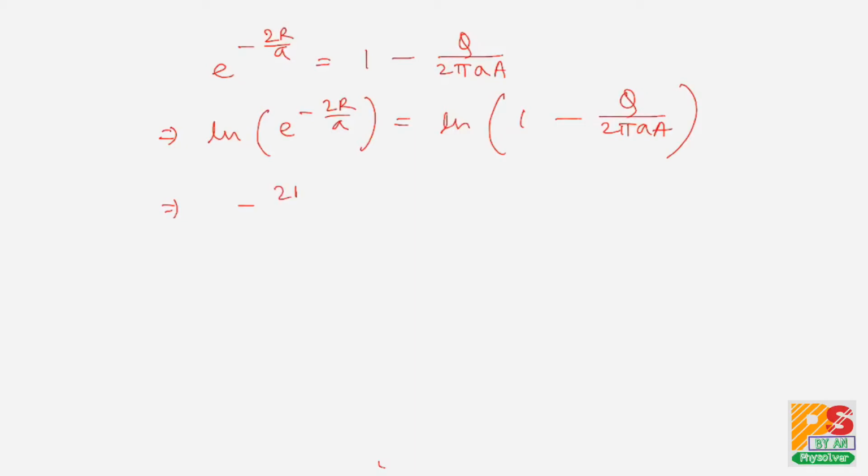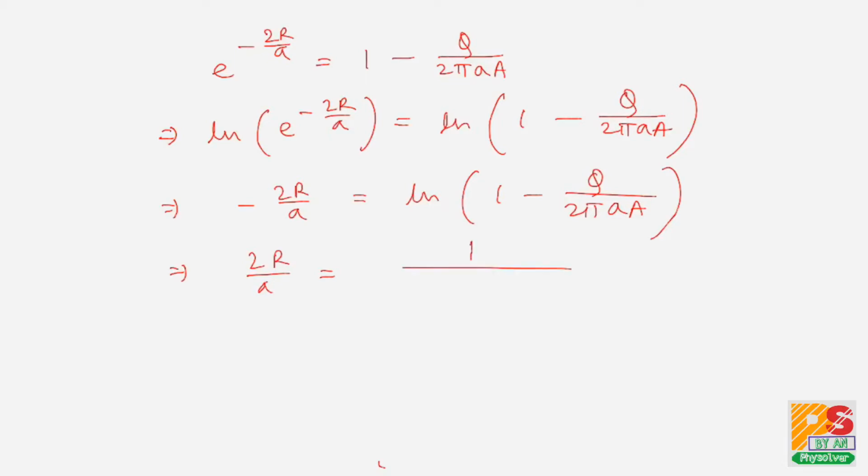So this is minus 2R by a equals log of 1 minus Q by 2 pi a A. Therefore I can say 2R by a equals the negative of the log.